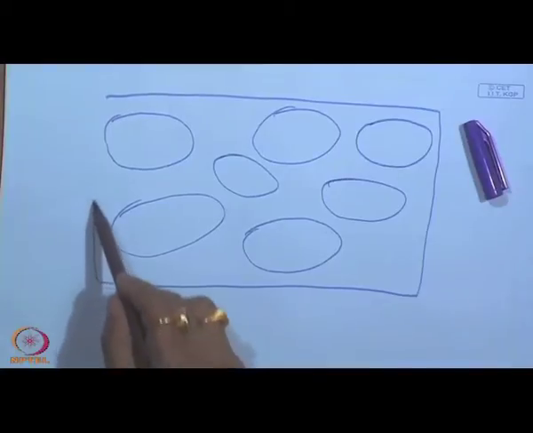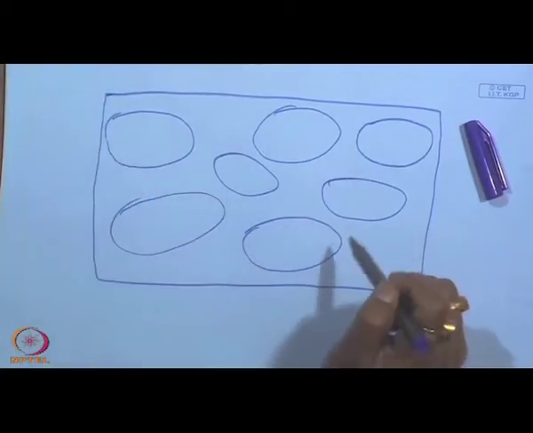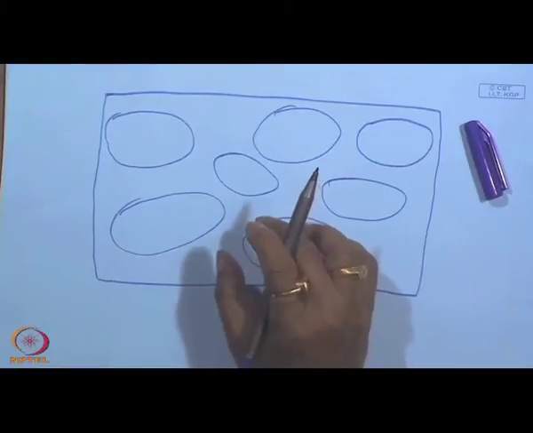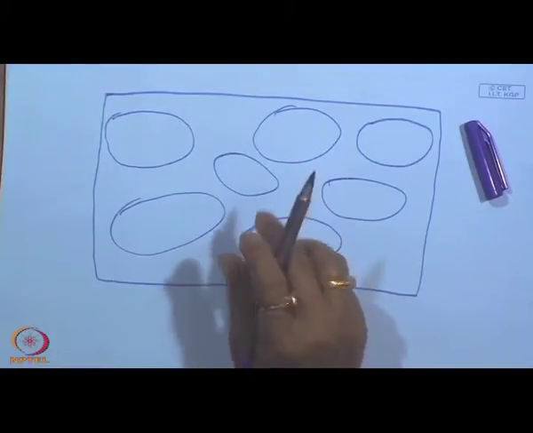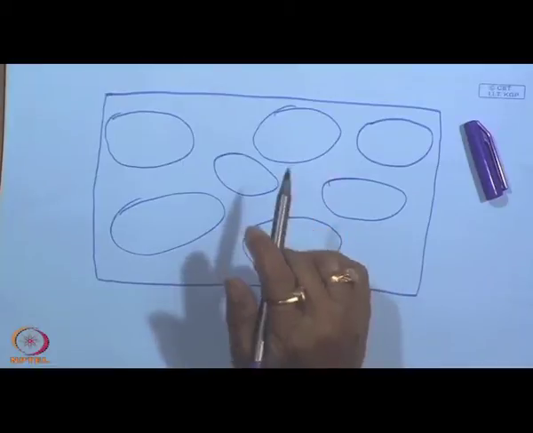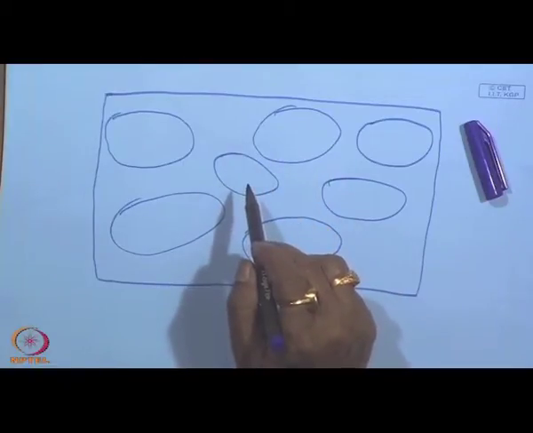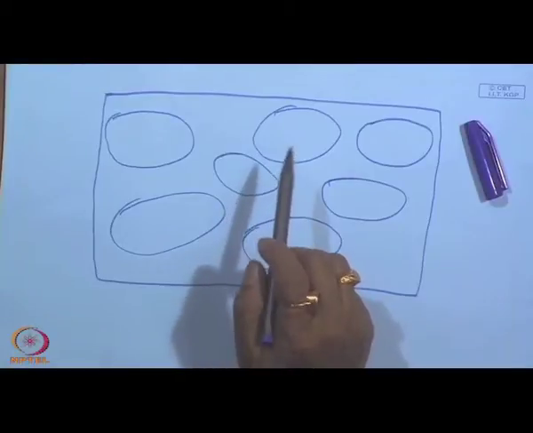This way slowly they will degrade the polymer surface, and if the polymer is in the form of a film, the film will be weak and it will be fragmented into smaller pieces.